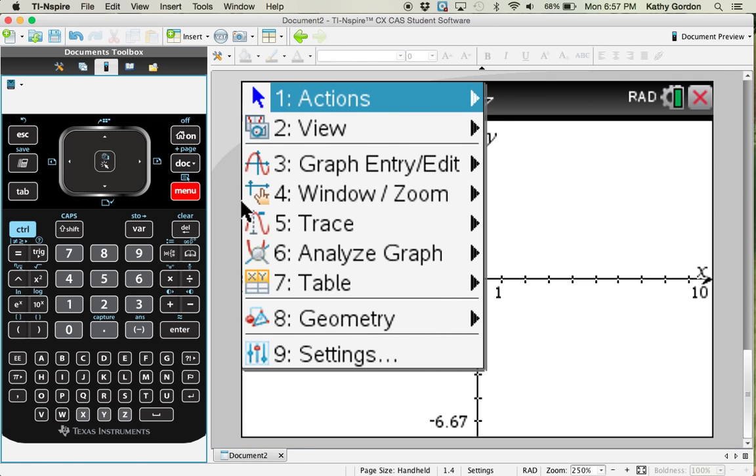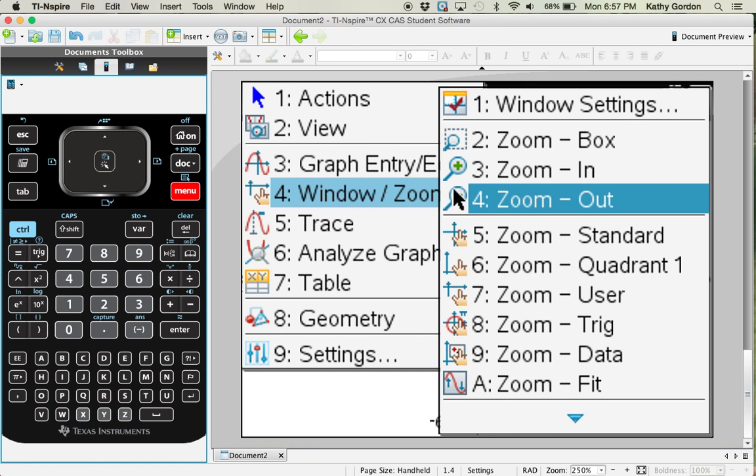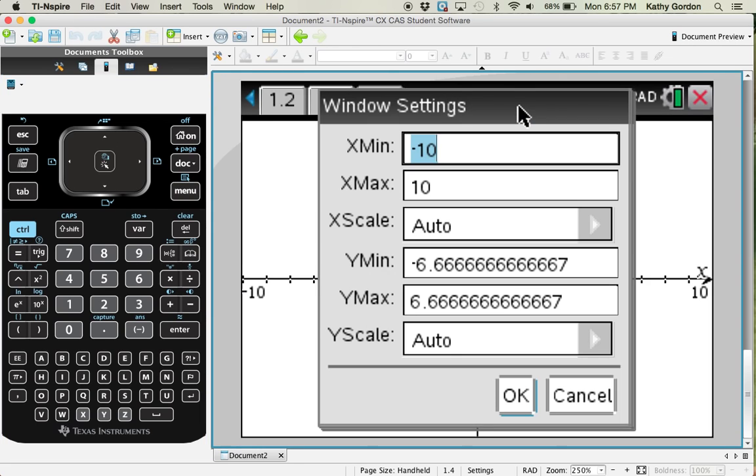Okay, so now we're going to go back to the window, and this time I already have a pretty good idea what the number should be. So we're going to use those. For X, we're going to go from negative 10 up to the 500,000 that we were at, right there.